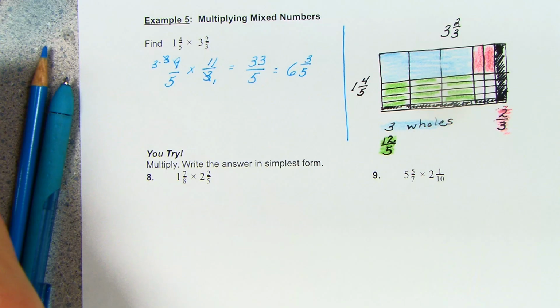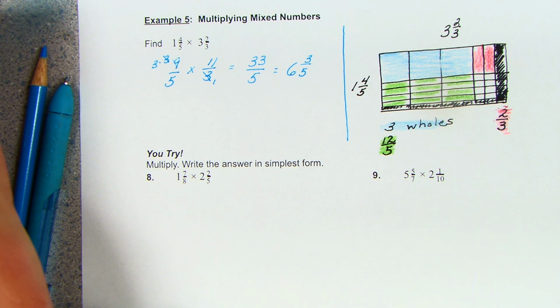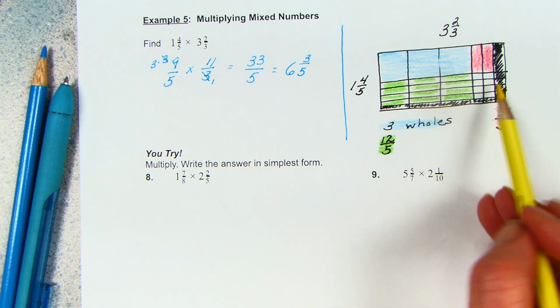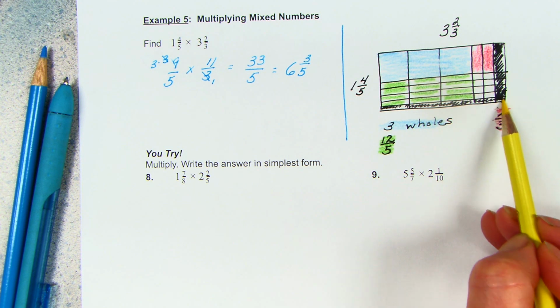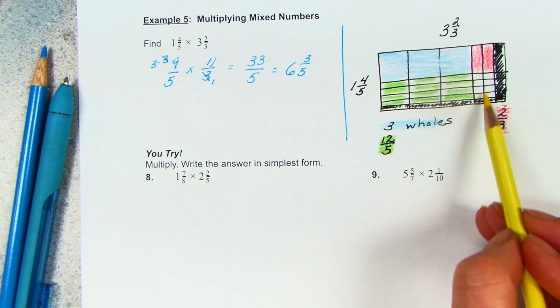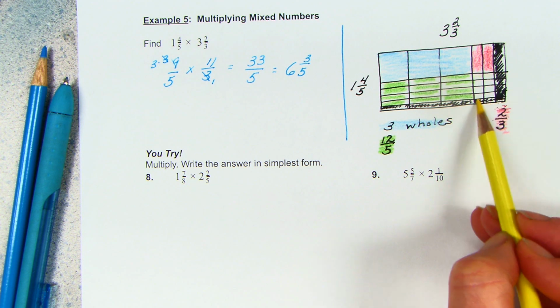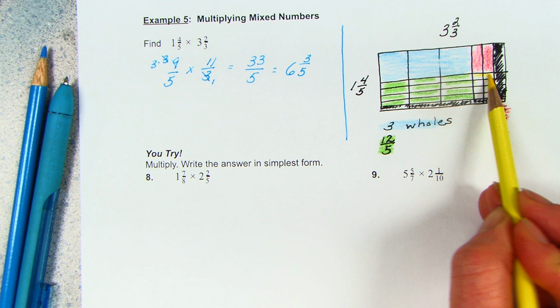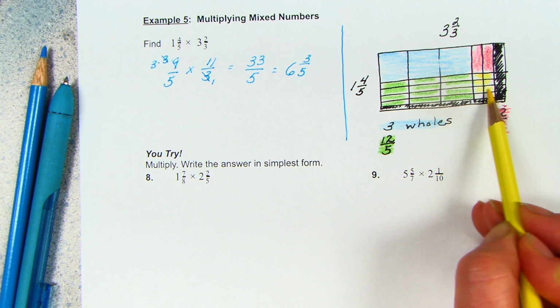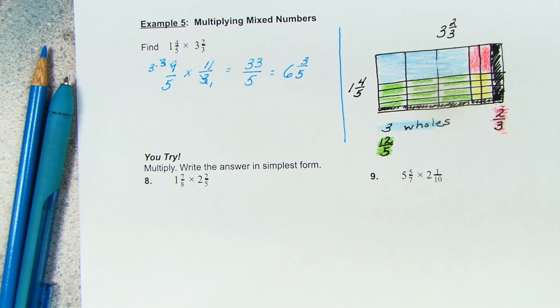And then how about yellow for that last part. And then these little guys are 1, 2, 3 times 1, 2, 3, 4, 5. These are 15ths over here. This whole is divided up into 15 pieces. So I have 2, 4, 6, 8 15ths.